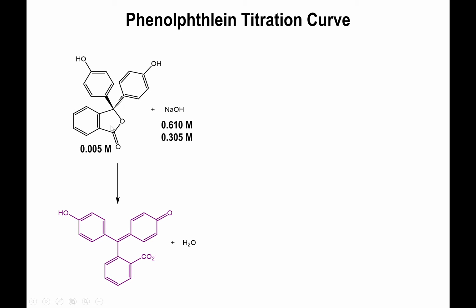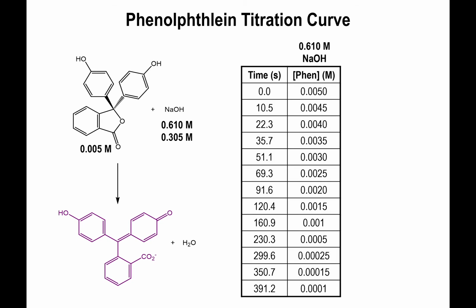And if you use 0.005 molar concentration of this indicator, and you react it with pretty much 100 times more, maybe 50 to 100 times more concentration of sodium hydroxide, which is the second reactant, then you've basically created a pseudo first order reaction condition, because the concentration of hydroxide will change as the phenolphthalein reacts with hydroxide, but it's going to change to a very small degree, because the concentration of phenolphthalein is very small to begin with. So the concentration of hydroxide can be regarded as being constant in the reaction.